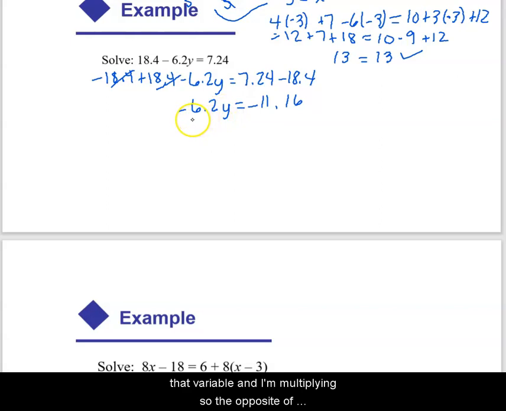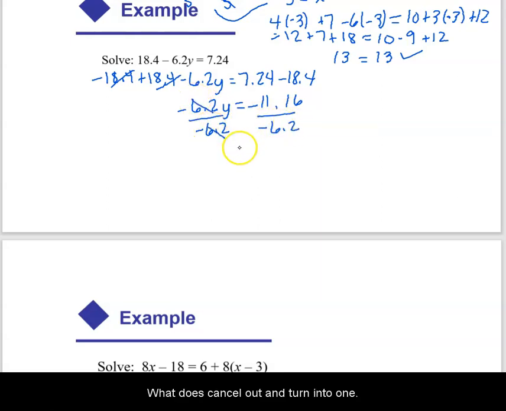So the opposite of multiplying, dividing, is what we're going to want to do to get rid of that negative 6.2. Divide, those cancel out and turn into 1. Okay, and negative 11.16 divided by negative 6.2 ends up being 1.8.